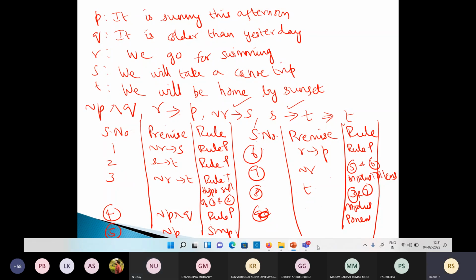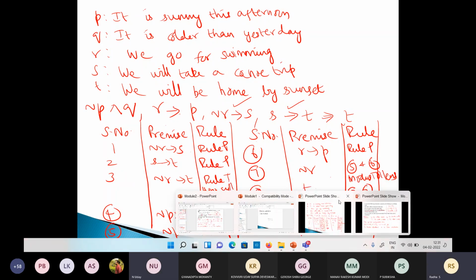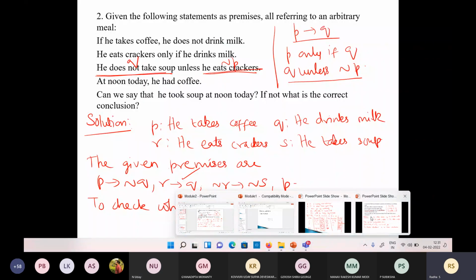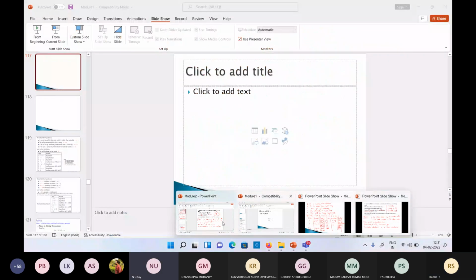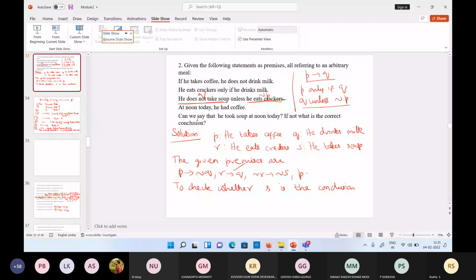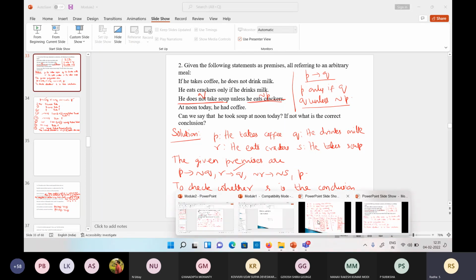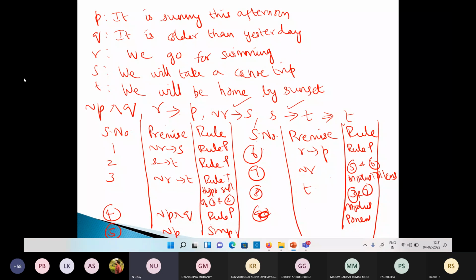One minute. Yes, I have taken if he eats crackers, then he drinks milk. That format only I have taken. R tends to Q only I have taken. Correct?